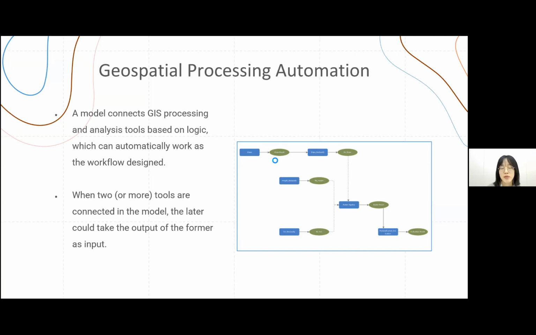In this example, we have 6 tools in the window, and they are connected by those lines. In processing automation, once we connect these tools together, the latter tool can directly use the output of the former tool as its input.